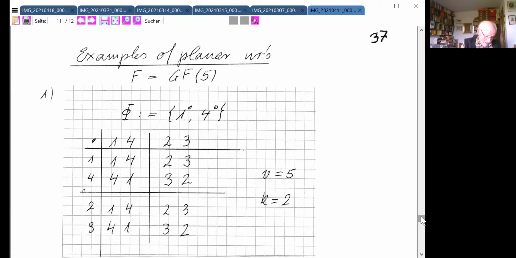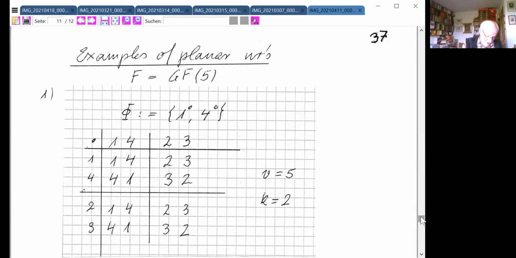If you take the Galois field of 5 elements, then the multiplicative group has 4 elements, and the multiplication by 1 and by 4 forms a cyclic subgroup of the multiplicative group, and by multiplication from the left, it yields a fixed point free automorphism. So if you apply these multiplications to 1, then you get the 2 orbits 1, 4 and 2, 3.